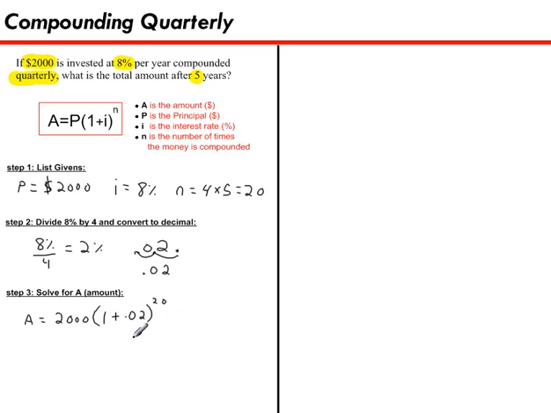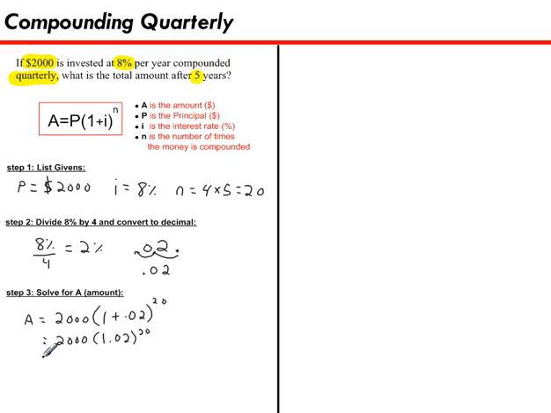Next, I'll tidy this up just a little bit by bringing the 1 and the 0.02 together in the bracket. So I'll say A is equal to 2,000 times 1 plus 0.02, which is 1.02. And that's still to the exponent 20.